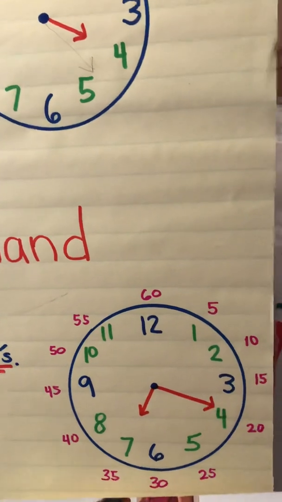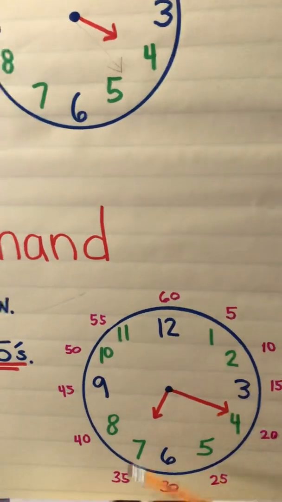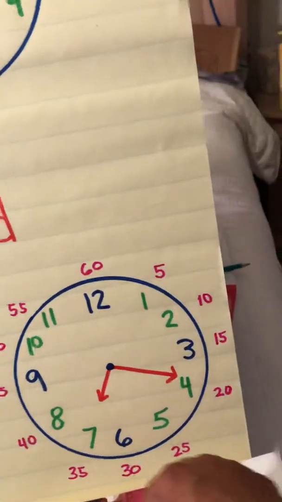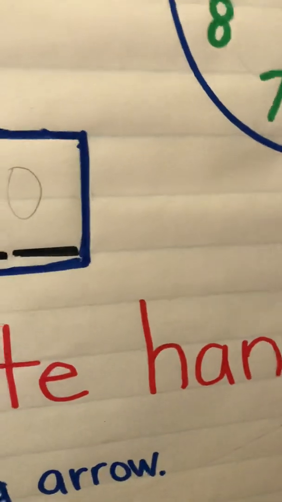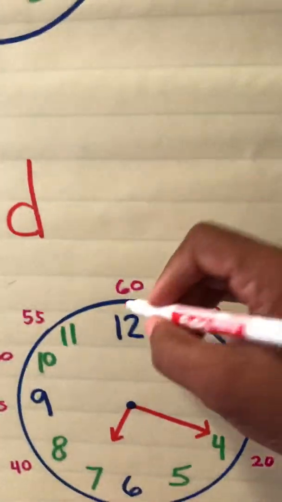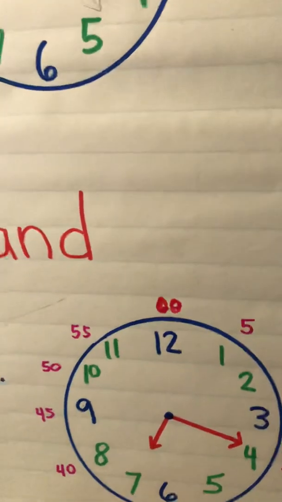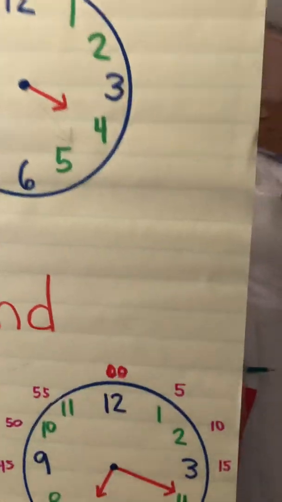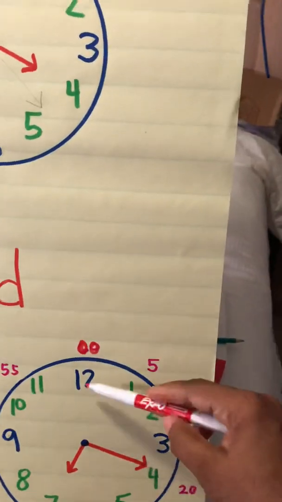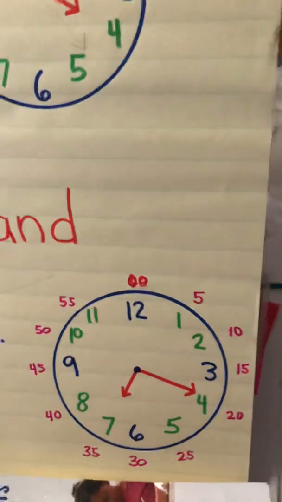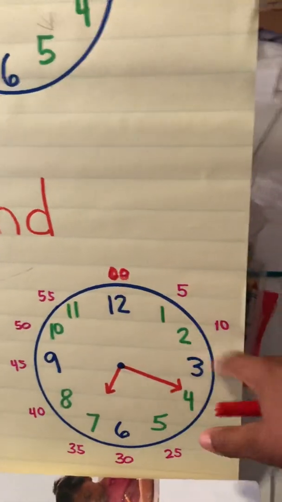We come back to 60, we'll know that's just going to be 0, 0 actually. So Miss Brooks is going to change that to say 0, 0. Because when we're writing our time, if the minute hand is pointing up at the 12, then we know that it's o'clock, just 0, 0. And no minutes have passed on that hour.